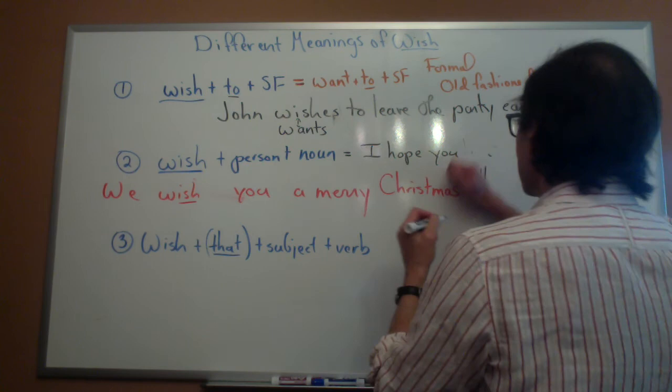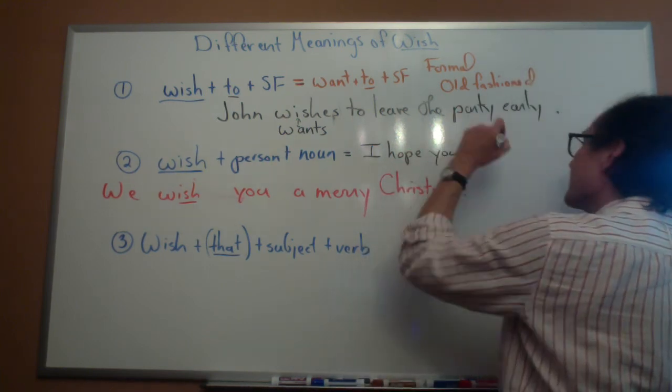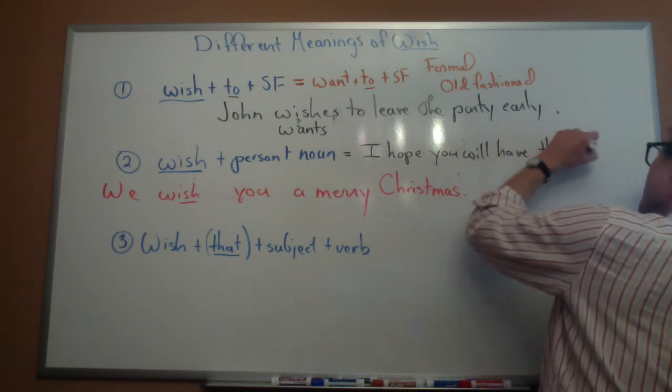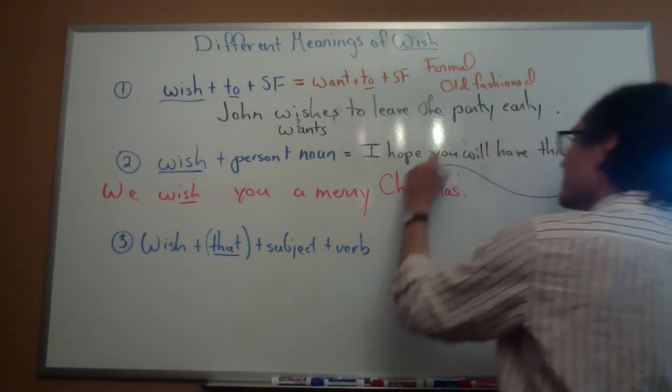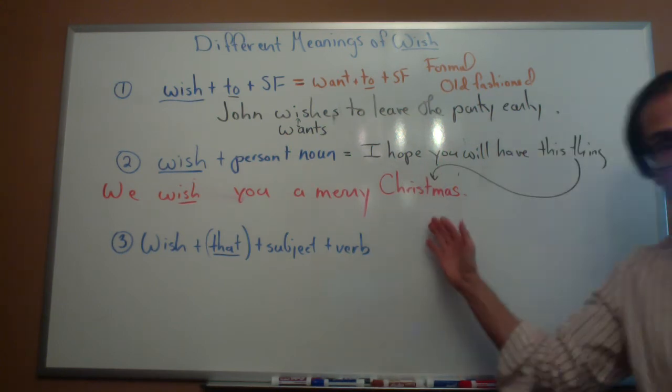Actually, maybe will have would be better. I could use either one, but will have makes it clear that it's future. I hope that you will have this thing. In other words, I hope that you will have a Merry Christmas.